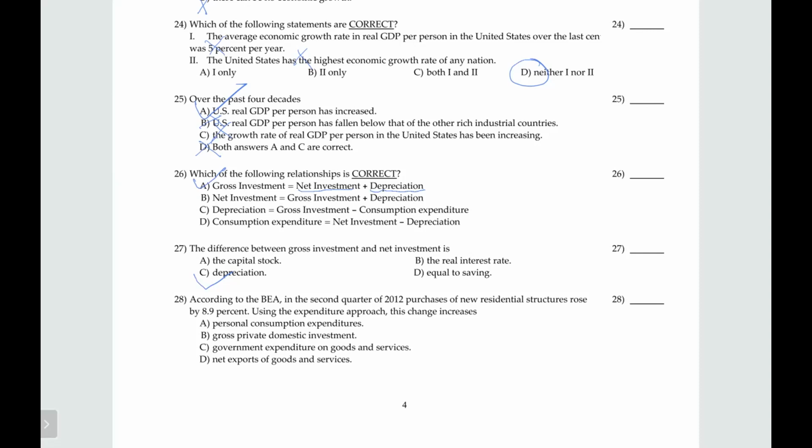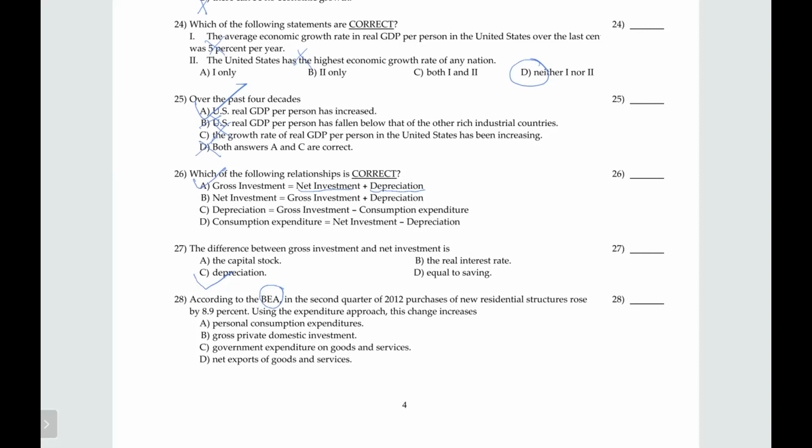So 28, according to the BEA. BEA here stands for Bureau of Economic Analysis. Actually this is the government agency responsible for calculating our GDP. According to BEA, in the second quarter of 2012, purchase of new residential structures rose by 8.9%. Using the expenditure approach, this change increases.